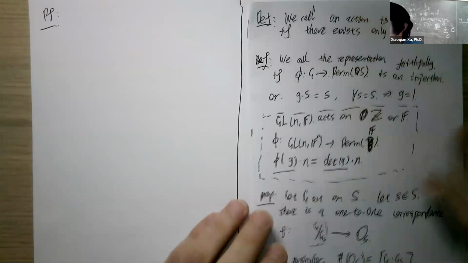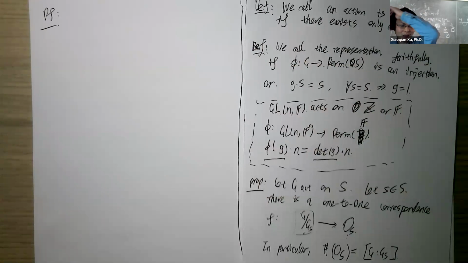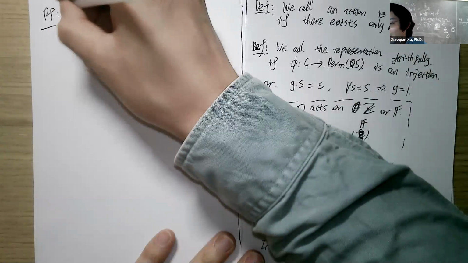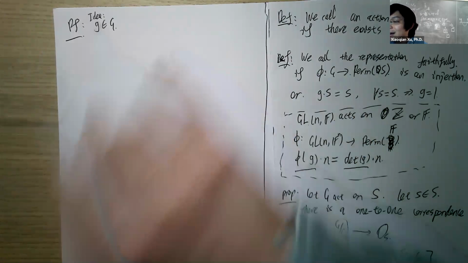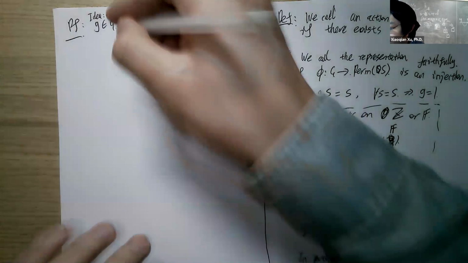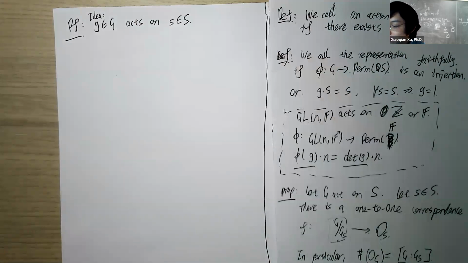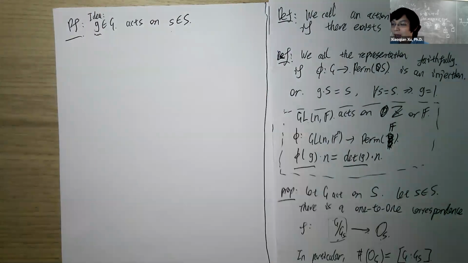As we mentioned before, you can always use an element in G to act on an element of the set S. When you use one element of G to act on s, it may fix s and not change it at all.